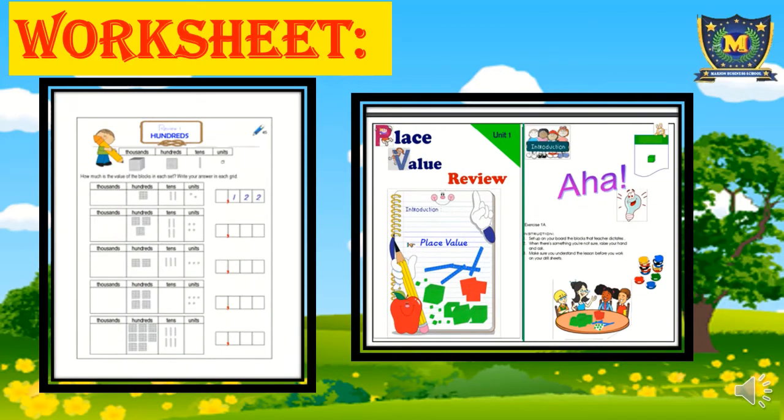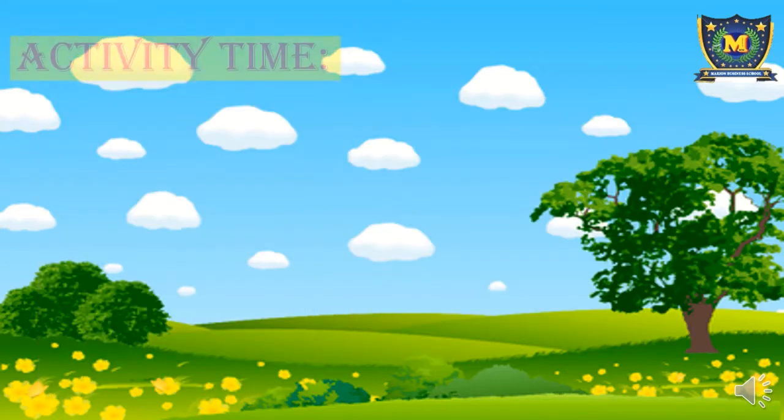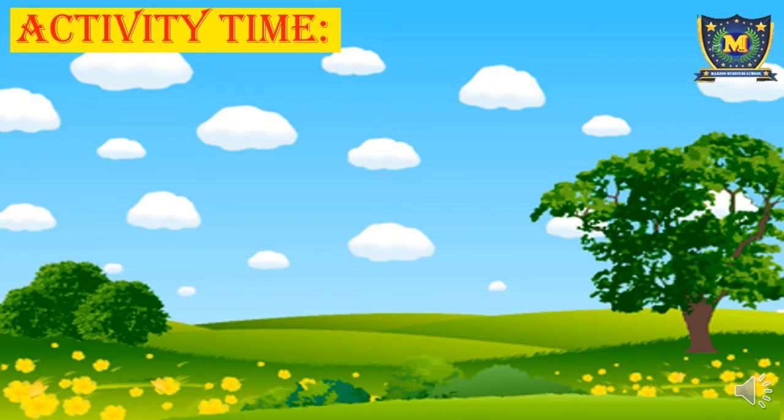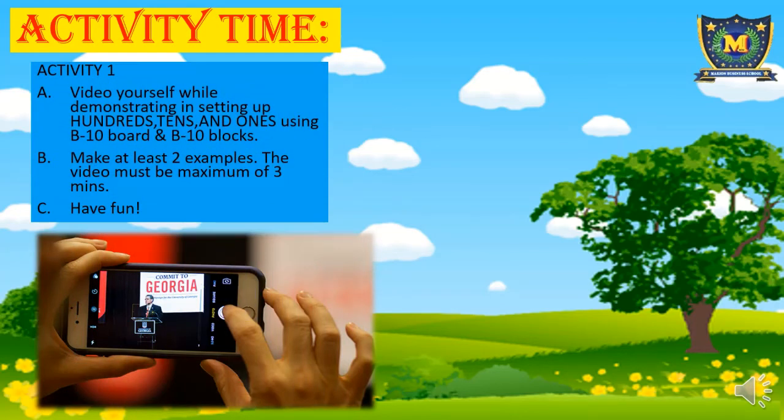Worksheet. Take note of this page of your worksheet because you are going to answer this page after this lesson. For your activity 1, you have to video yourself while demonstrating setting up hundreds, tens, and ones using the beading board and beading blocks.